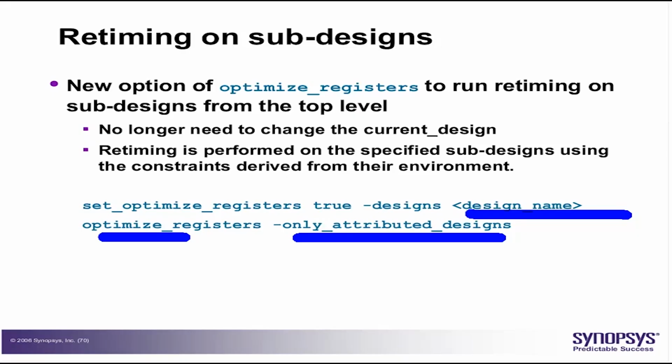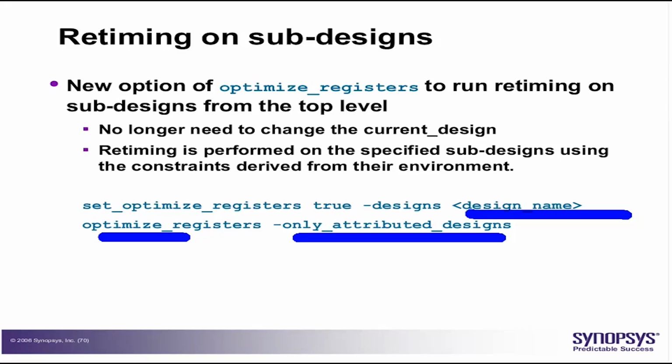For example, if I say set_optimize_registers true on a design, let's say design name is X, then design X is marked by an attribute called optimize_registers true. Things like optimize_registers, dont_use, dont_touch are called attributes.